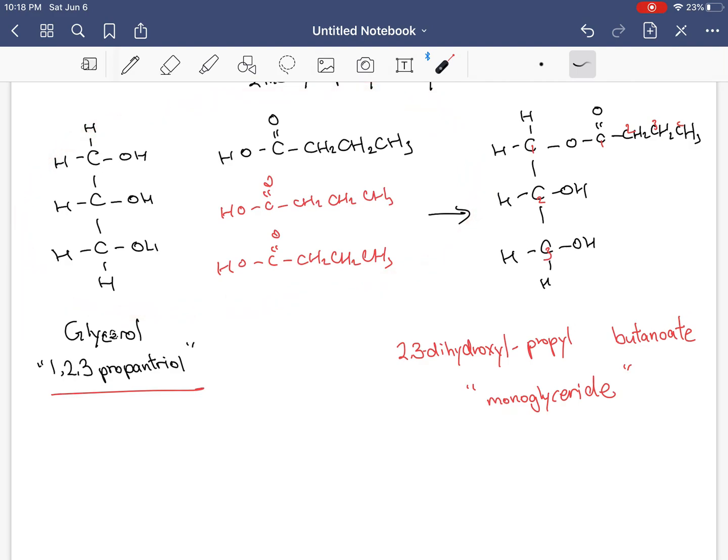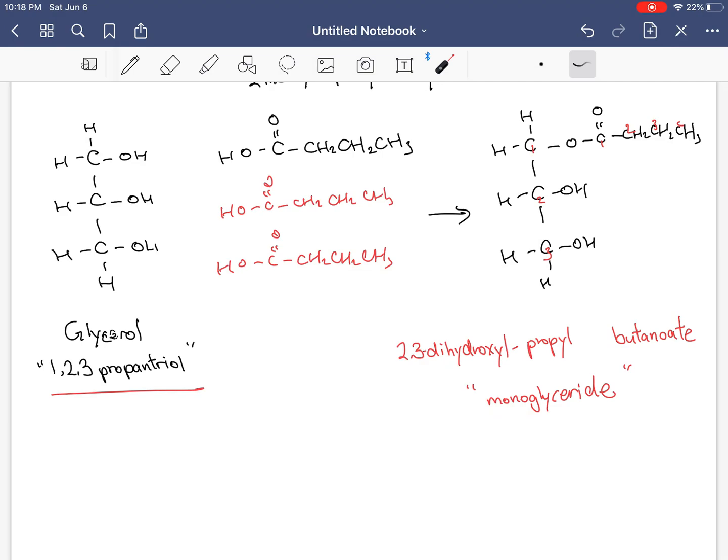Now, in terms of naming that, it's extremely complicated, and most likely it's not going to be an IUPAC systematic name. They're going to try to give this a biological name through lipid nomenclature. I hope you guys know how that works. It's actually very simple.